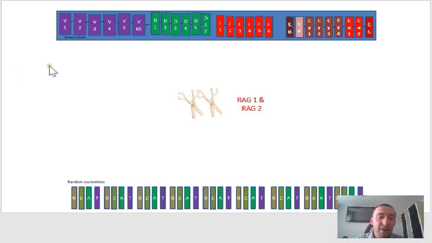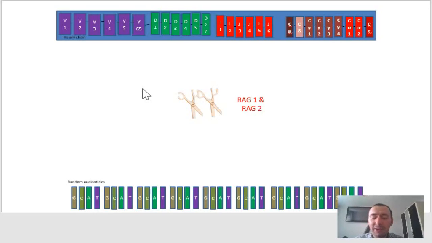gene copy first. So in this case, it wants to modify the father's copy of the heavy chain first. And here you can see there are a range of different possibilities. There's up to 65 V regions, up to 27 D regions, up to 6 J regions, and then of course you have the constant region of the heavy chain. And what happens basically is there's specific enzymes RAG1 and RAG2 that will help us edit this gene and cut out specific regions within this gene.